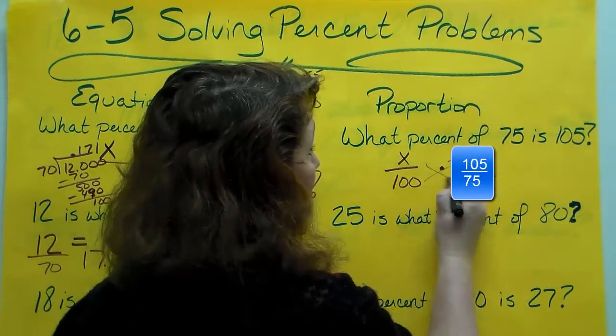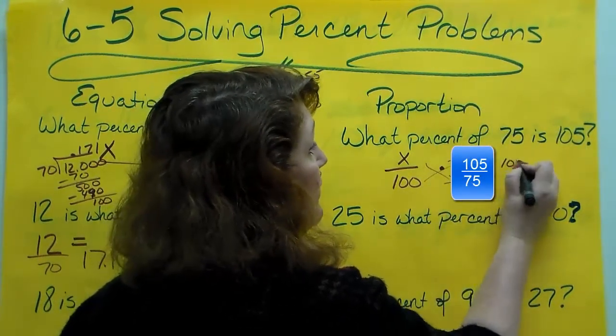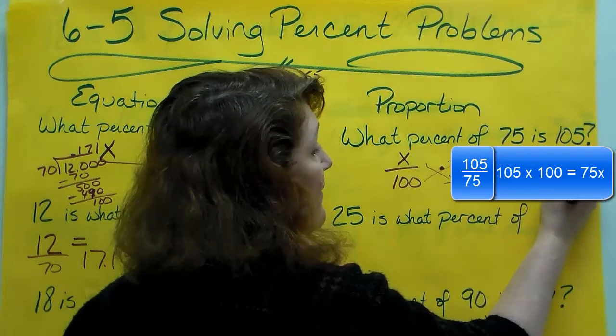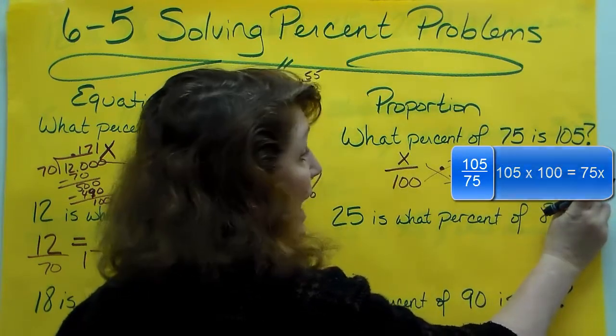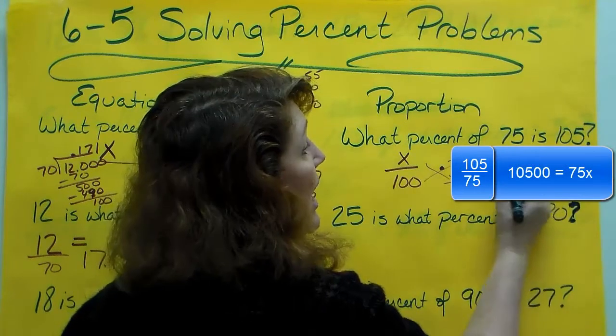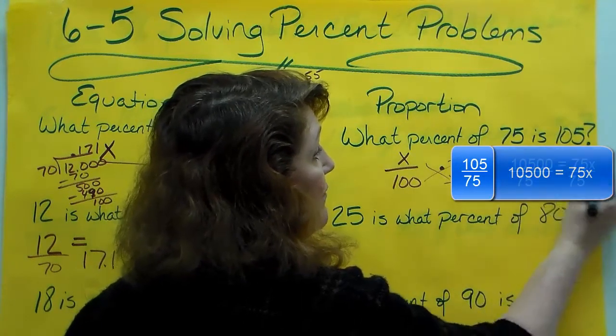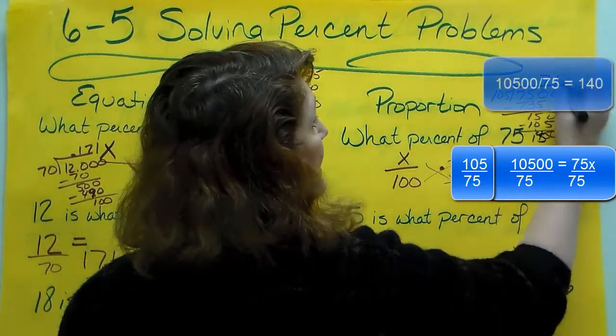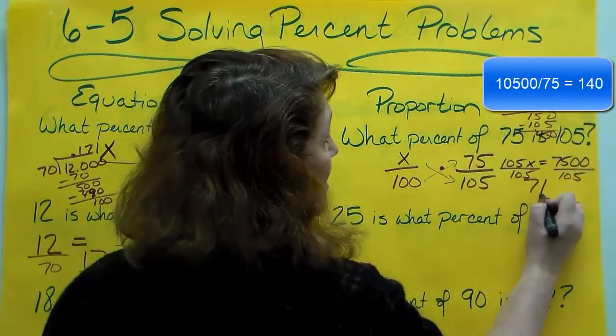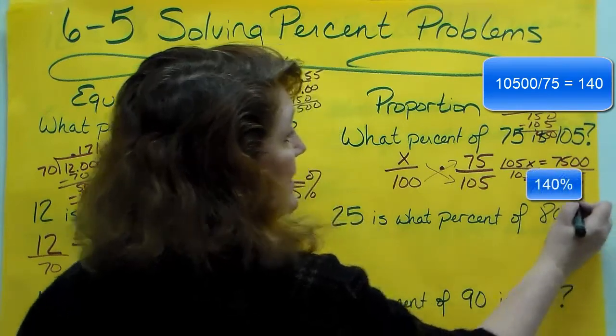So now I'm going to cross multiply. 105x equals 75 times 100. So I'm just going to do that, 75 times 100 right now. I'm going to divide each side by 105. Well, that's a pain in the neck. That's 4 times. So this is 71.4%.